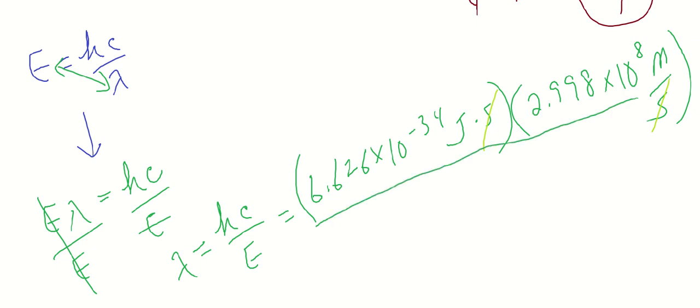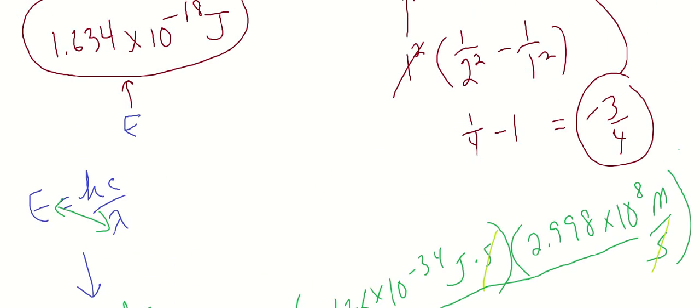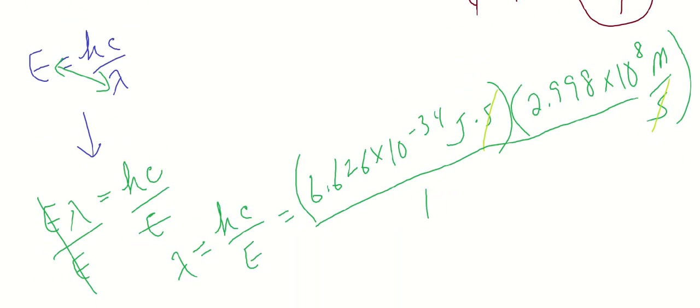The energy is 1.634 times 10 to the negative 18 joules, is what we calculated. Actually, I have a better calculated number for that in my calculator, so that's the one I'm going to use. I'm going to round only at the end. Joules cancels out. We are left with units of meters. That is the SI unit for length, wavelength, this is. Let's punch these numbers in.